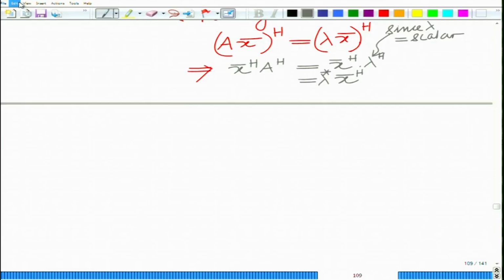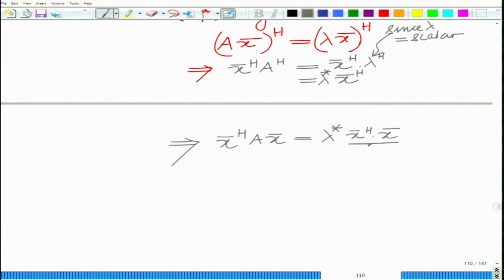And now we have this property: x bar Hermitian A Hermitian equals lambda conjugate x bar Hermitian. Now we multiply on the right by x bar. So, this implies x bar Hermitian A Hermitian x bar equals lambda conjugate x bar Hermitian x bar.